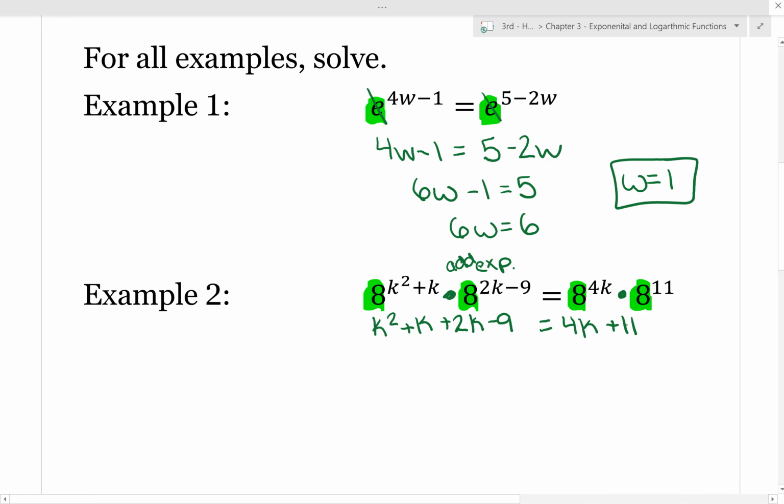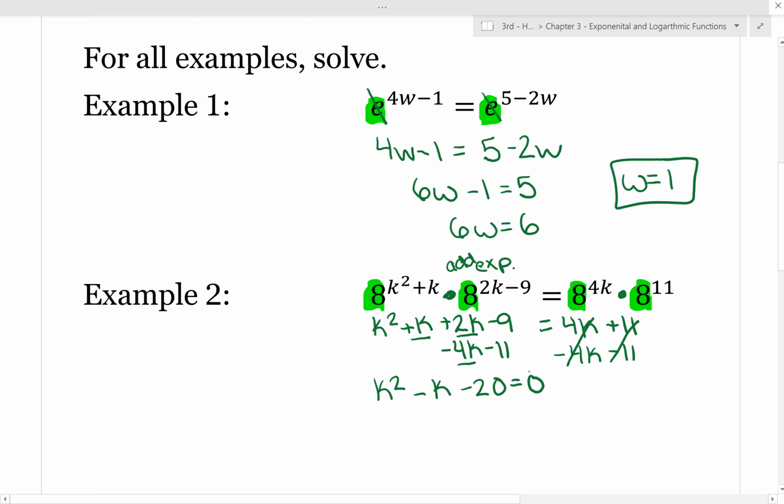So now we're just going to get it all on one side. So I'm going to subtract 4k and then subtract 11. So this will get it to equal 0 for us. So we have k squared. k plus 2k is 3k. Minus 4k is a negative k. And then negative 9 minus the 11 is a negative 20. So this means we're going to have to factor.